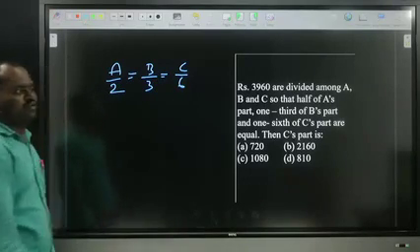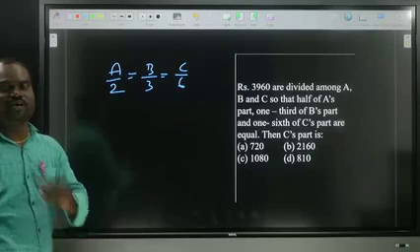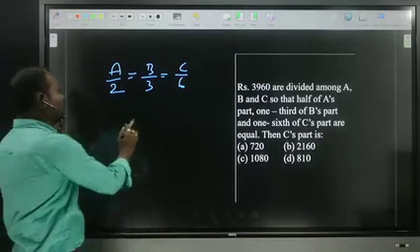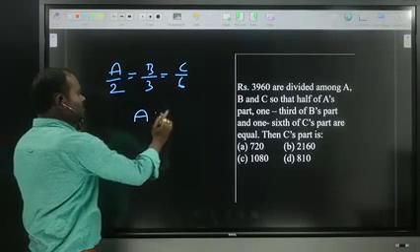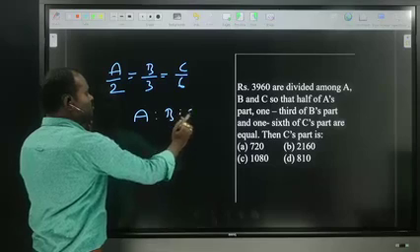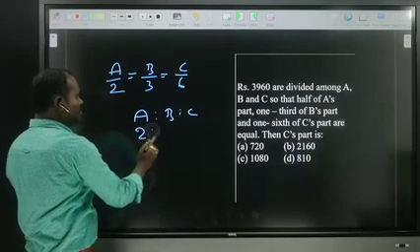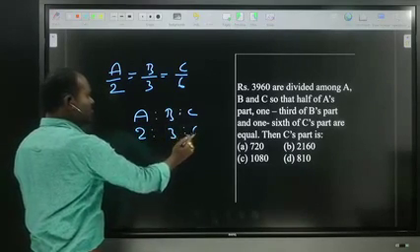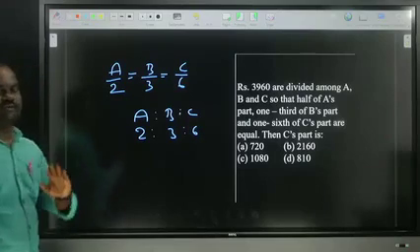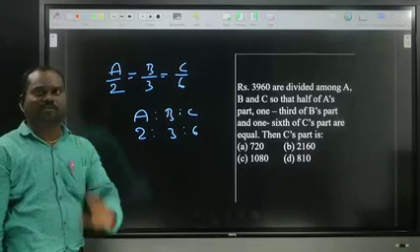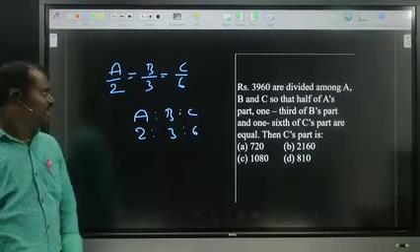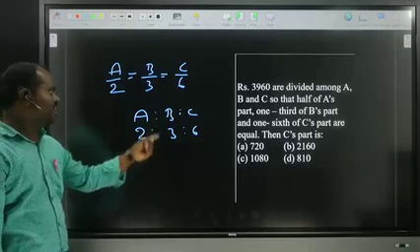Whenever I told you that whenever it is division, how to take the ratio of A is to B is to C? Just the denominators only. That means 2 is to 3 is to 6. A 2 parts, B 3 parts, C 6 parts.